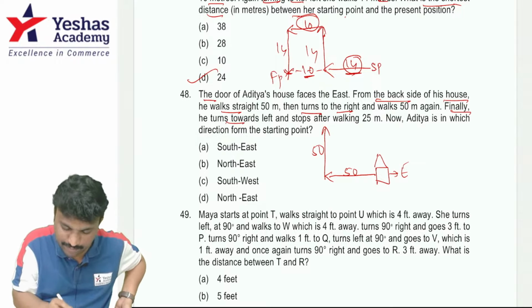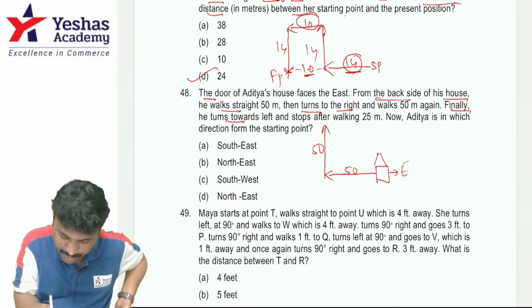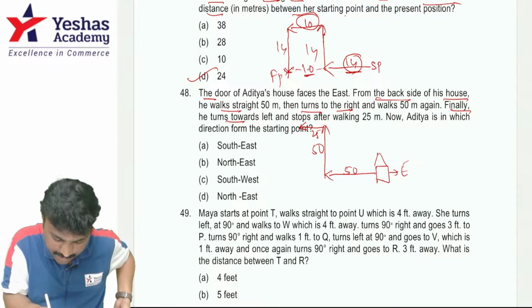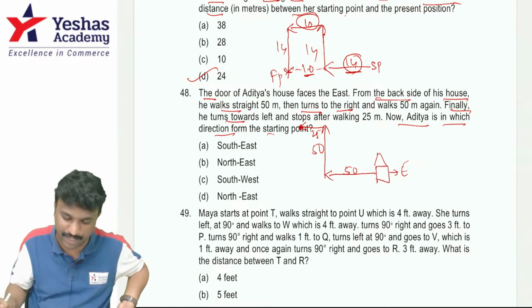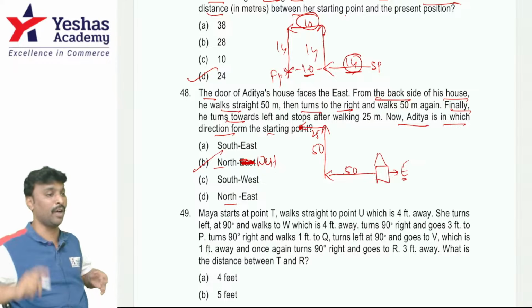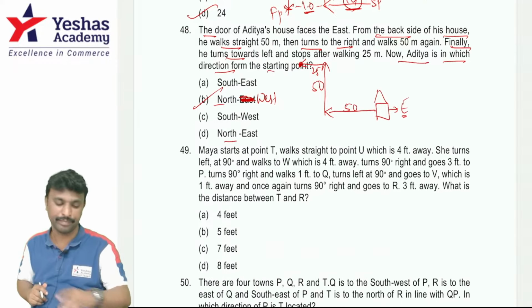Finally, he turns towards the left and stops after walking 25. Here is where he is now, right? So now Aditya is in which direction from the starting point? From the starting point, he is towards the northwest. If you see option B and option D, both are northeast. One of the options should have been northwest, right? Assuming option B is the only northwest, option B is the right answer.